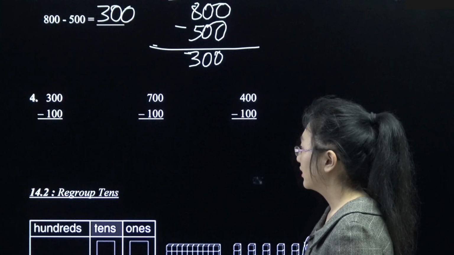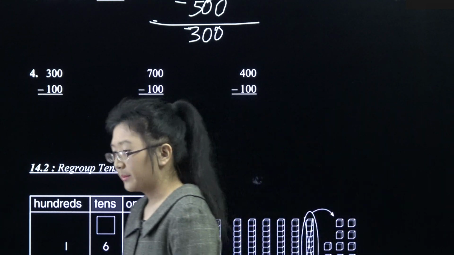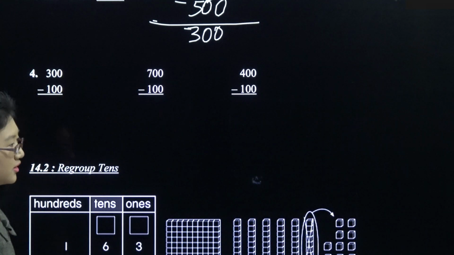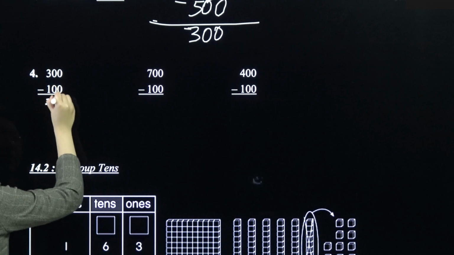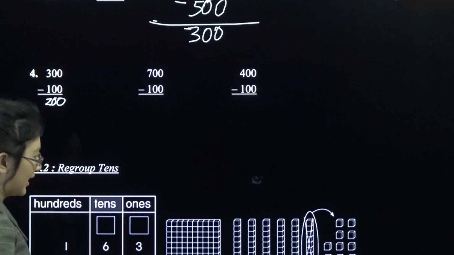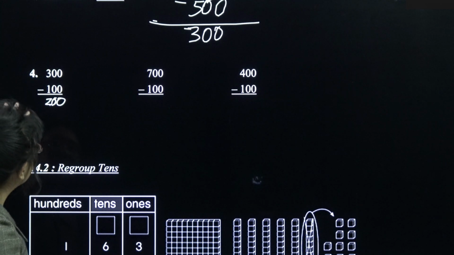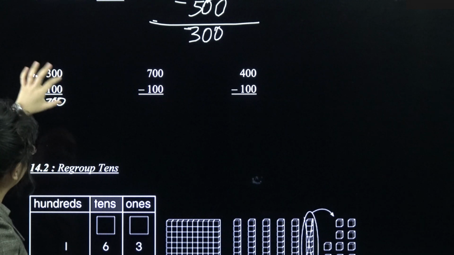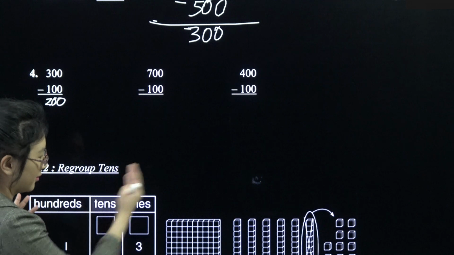So this is just vertical form. But honestly, if you read it out, it's like it's written down. 300 minus 100. 3 minus 1 equals 2. And we know that the zeros are just there. But that's appropriate when you don't have anything trailing behind it, i.e. more to the right.